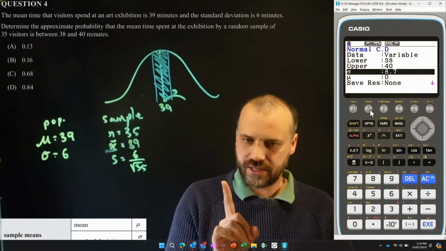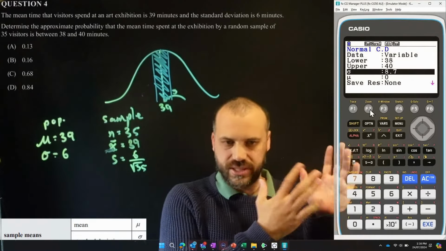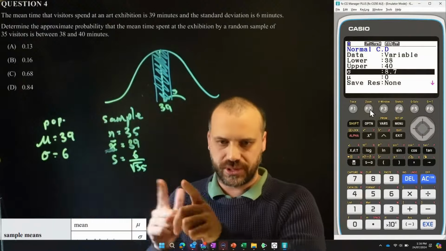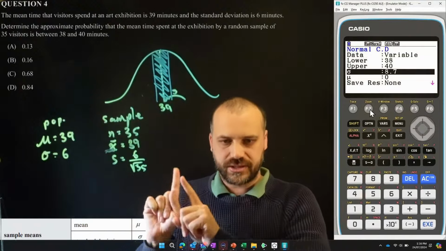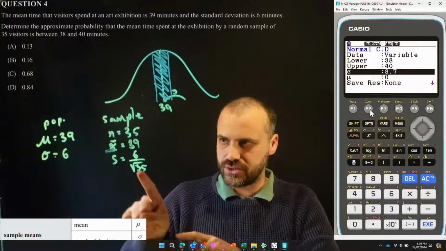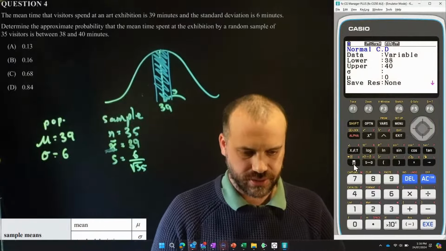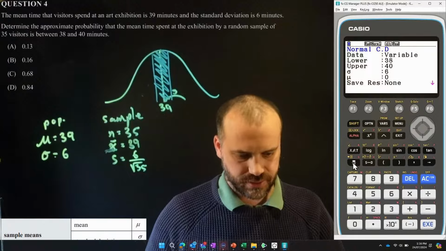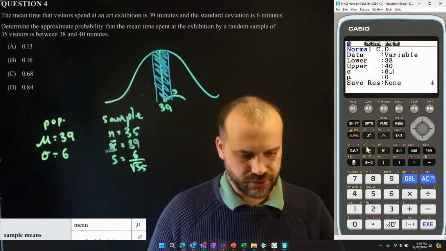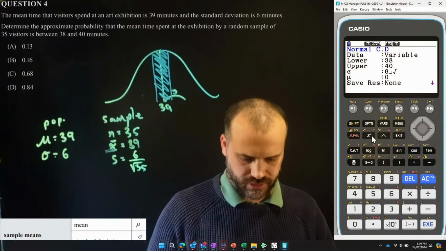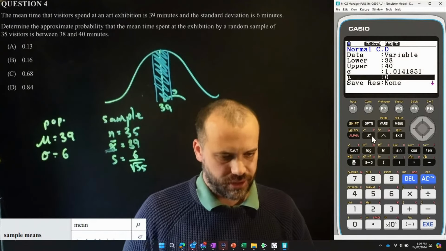Now, my standard deviation, you've got to be careful here, right? Because this calculator doesn't know whether we're trying to do populations or samples. Our standard deviation that we need to use here is this one. So 6 over, oh, that's interesting. All right, shift square root 35. Okay, good.